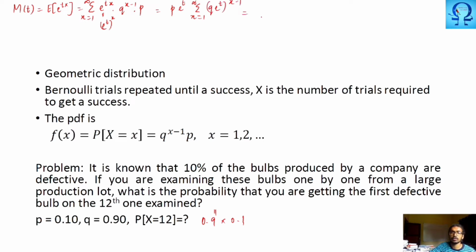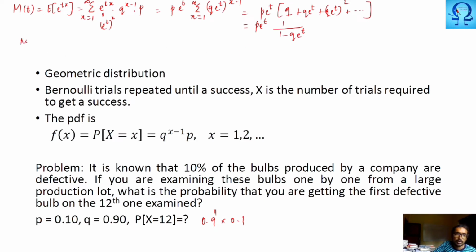Now you can see that it is 1 plus q e to the power t, plus q e to the power t whole square, and it goes on. Now that it is a geometric series, it is p e to the power t over 1 minus q e to the power t. This is our m of t, isn't it?